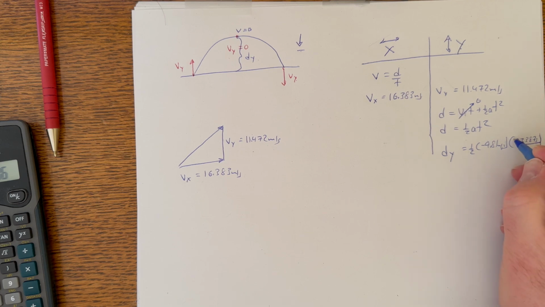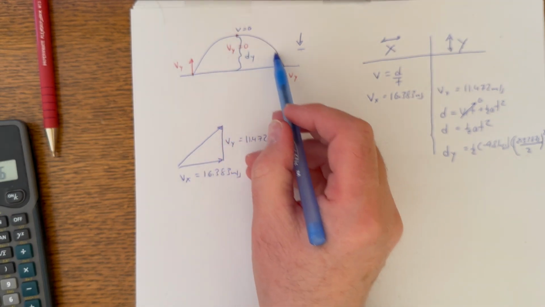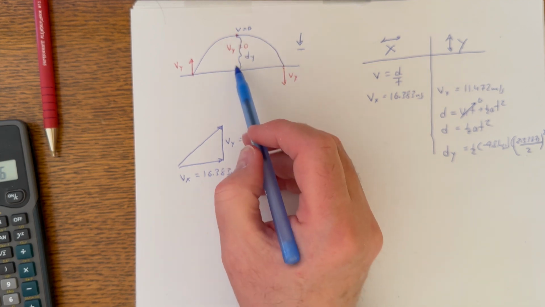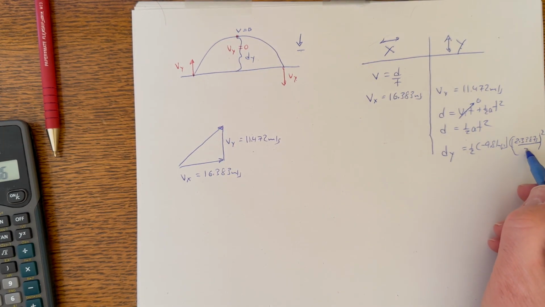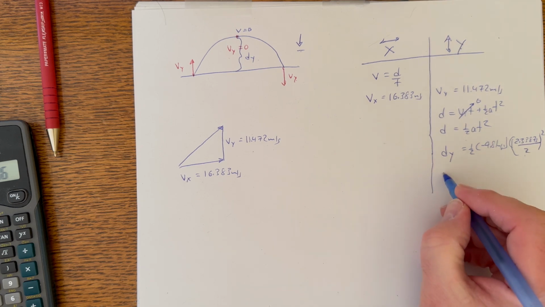I'm going to divide it by 2. And of course, don't forget to square it. Why divide it by 2? Because half the time is required to go up, and the other half to go down. I'm only calculating the time to go down to get the distance down. Very commonly forgotten. Divide that time by 2, just the time to go down.